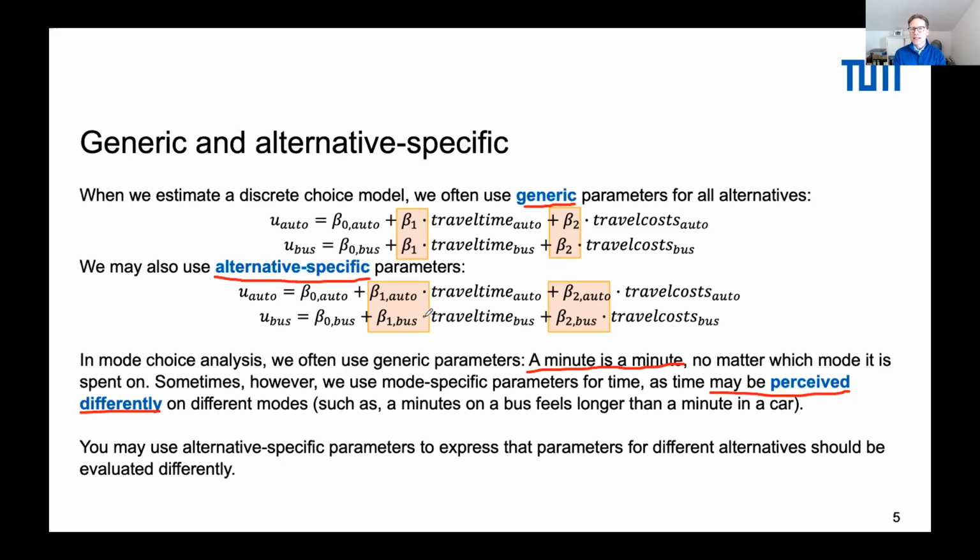Both are done very frequently, and both are right solutions, both are acceptable solutions. I would argue in many cases, we actually try to get different beta parameters for each alternative, because we know that people perceive things differently across different modes.